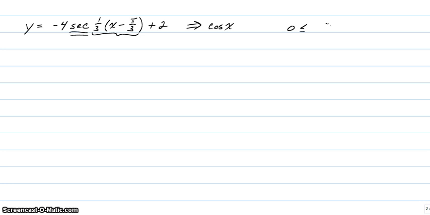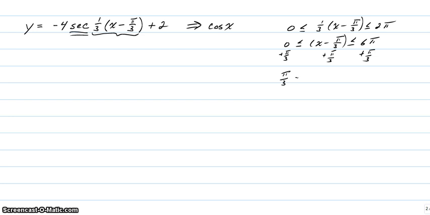We're going to set up the inequality and just quickly solve this thing to figure out what the horizontal shift is. I'm going to multiply both sides by 3. So that gives me 6 pi here. And then I'm going to add pi over 3 everywhere. So I got a horizontal shift of pi over 3.